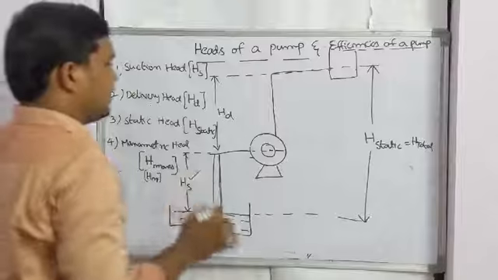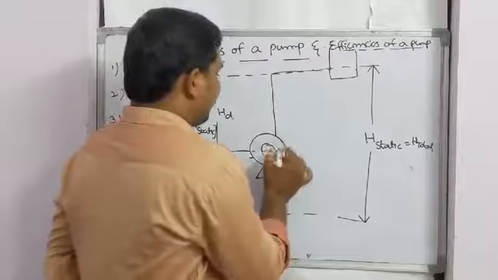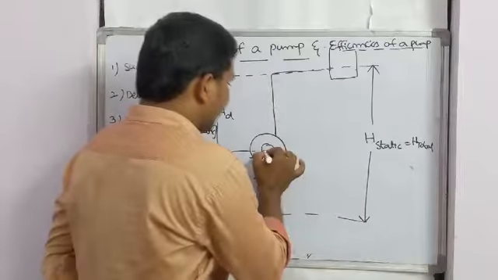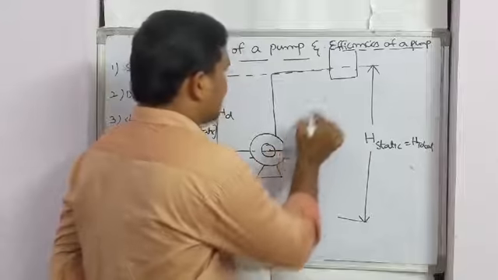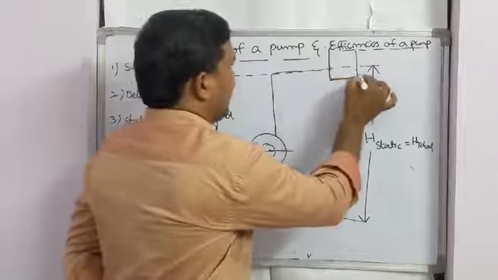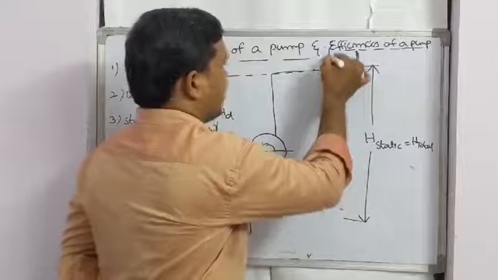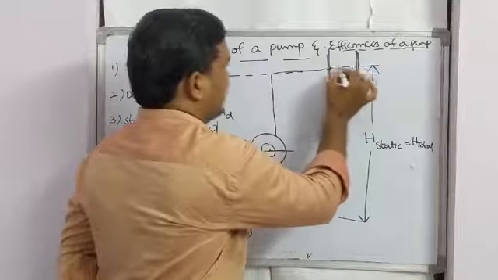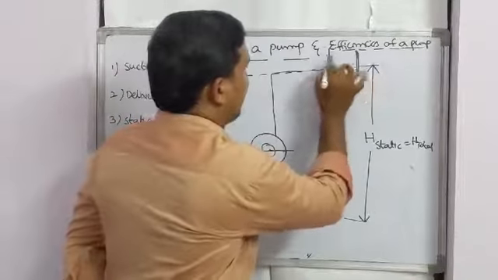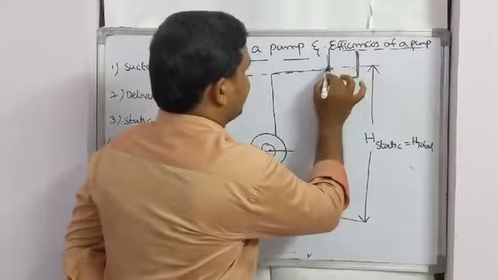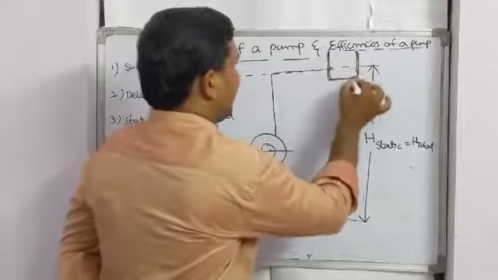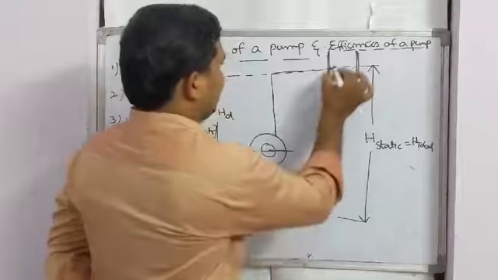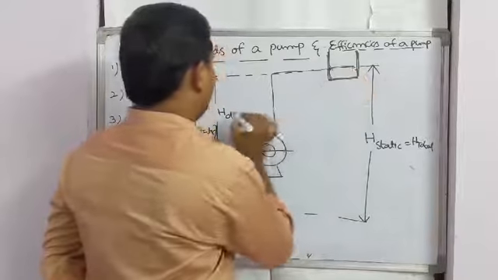And the delivery head is the vertical distance between the central line of the impeller and the upper head tank, where we send the water. The surface of the water in the tank is called the delivery head.